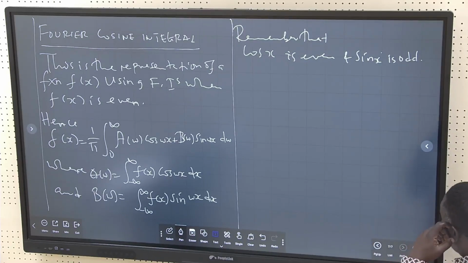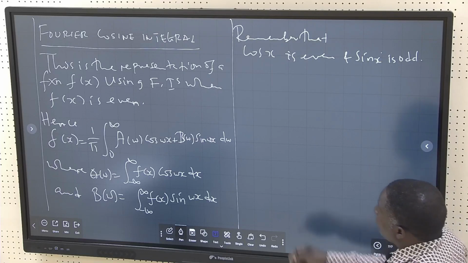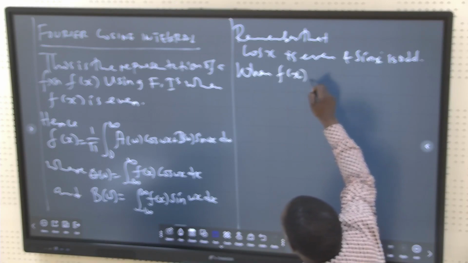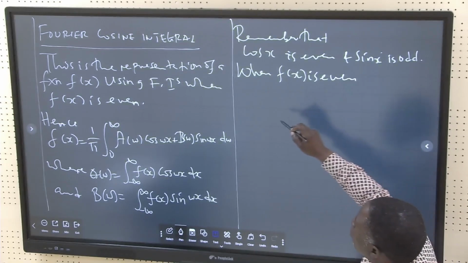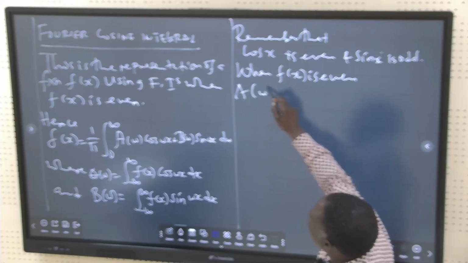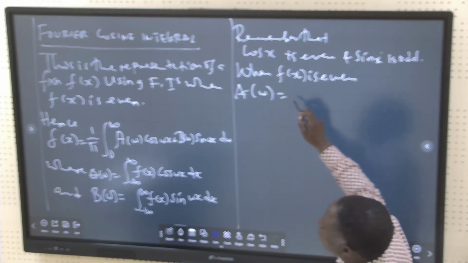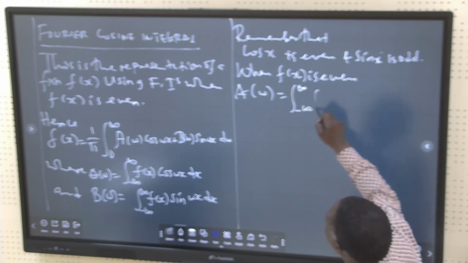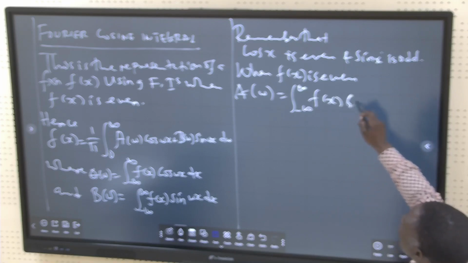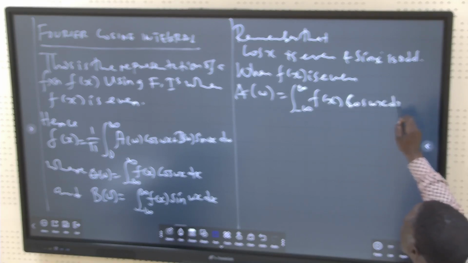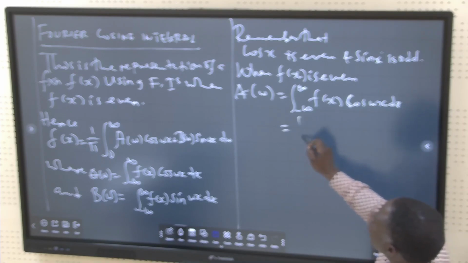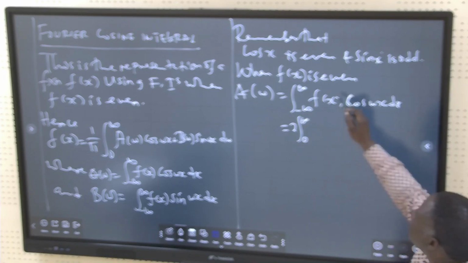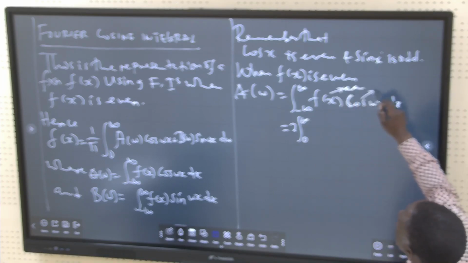So when f of x is even, a omega will be equal to the integral from negative infinity to infinity of f of x cosine omega x with respect to x, which equals twice the integral from 0 to infinity, since this is even and this is even.